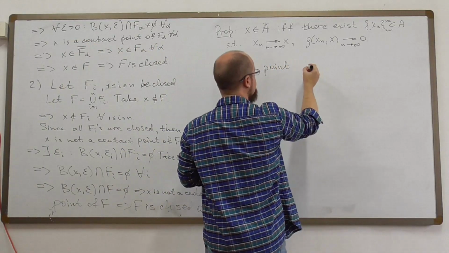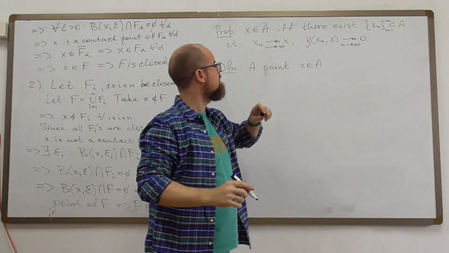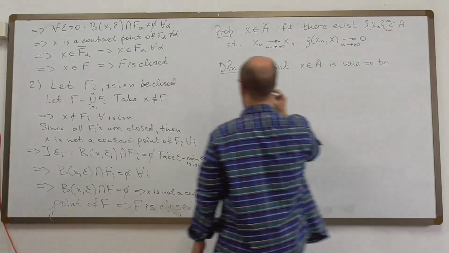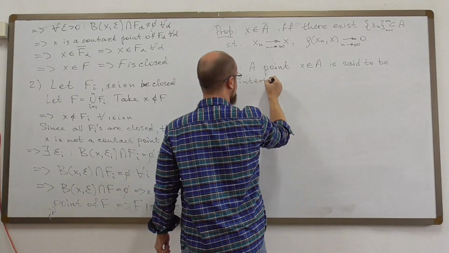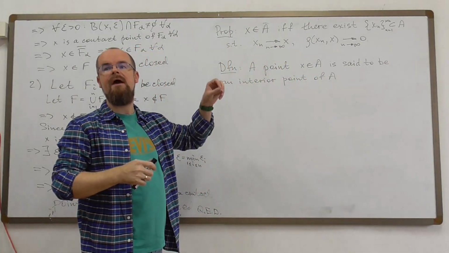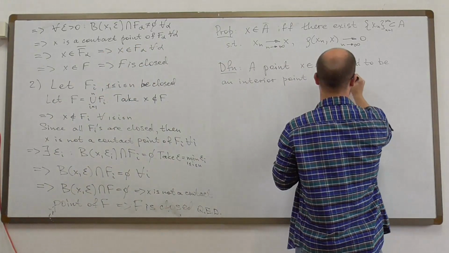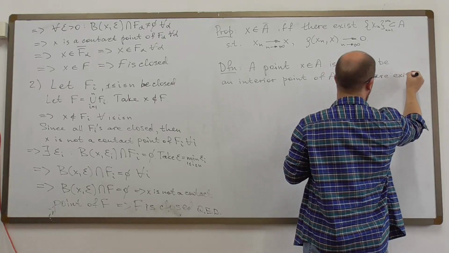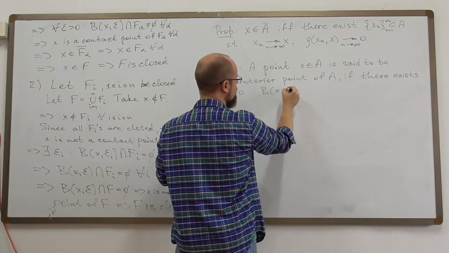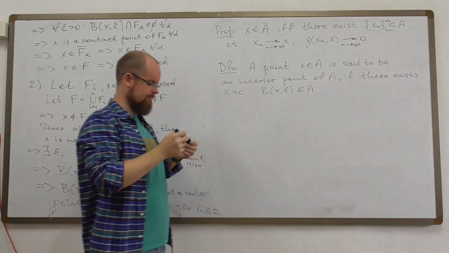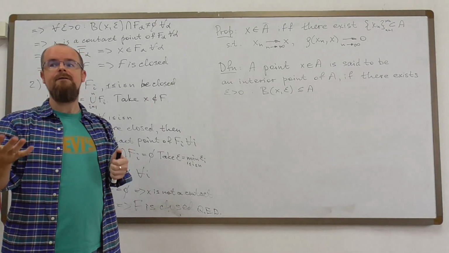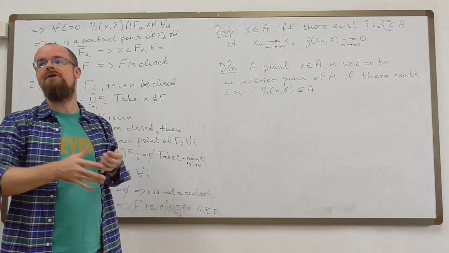A point X from the set A is said to be an interior point of A if there exists some ball centered at X which lies inside this set A, such that the ball centered at X and radius epsilon belongs to A. And a set is said to be open if it consists of interior points only.